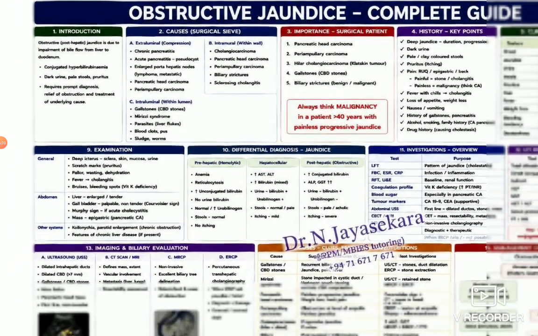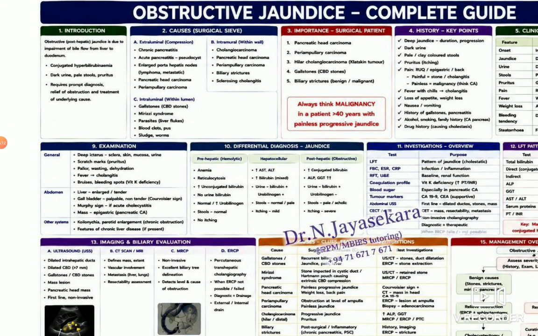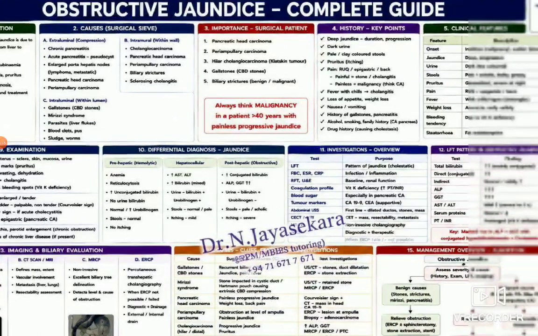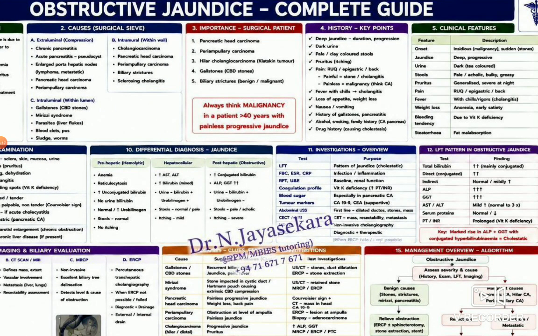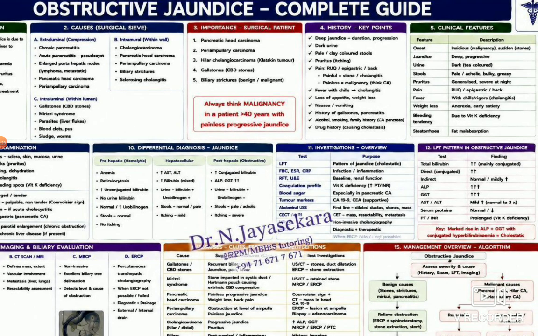Another important concept, one of the most important clinical concepts, is painful versus painless jaundice. Painful jaundice: stones usually cause sudden obstruction. This rapidly increases the ductal pressure and inflammation. So patients develop severe pain. Painless progressive jaundice: compared to that, malignancy causes slow gradual obstruction.